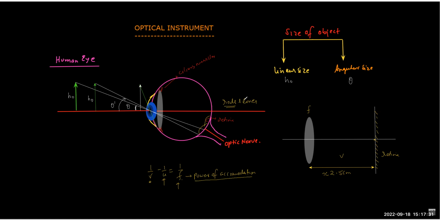So rods and cones are two separate kinds of cell, and the rods are able to explain to the brain what the intensity of the image is. It means how bright the image is. And cones are responsible for the color of the object.